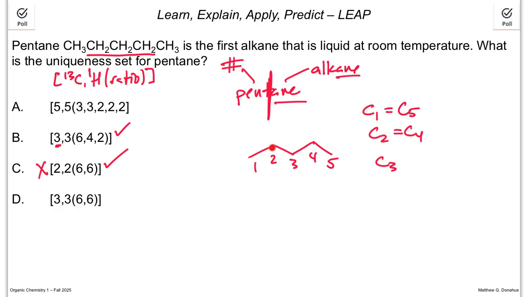Because again, if you imagine you're on this path, if you start at carbon 1 and go to 2, and then you look to your left and right, what do you see when you're here? A CH3, a CH2. When you're on carbon 3, which is also a CH2, you look to the left, you look to the right, your perspective is now different. 2 and 4 have to be the same, and then 3 has to be different because things change.